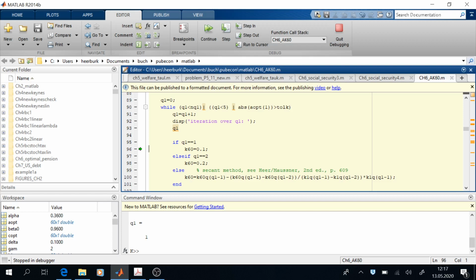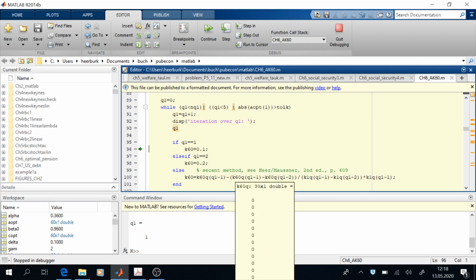And afterwards, we use the formula of the secant method that you saw in the slides, and which is also available in the book by Alfred Maußner and me, Dynamic General Equilibrium Modeling, Computational Methods and Applications, the second edition, on page 601. There you find this update formula for the guess of the wealth level A60 of the 60-year-old. So you have the previous 2 guesses, and here you compute the inverse of the slope of the secant, which we take as our derivative in the Gauss-Newton algorithm, the Newton step.